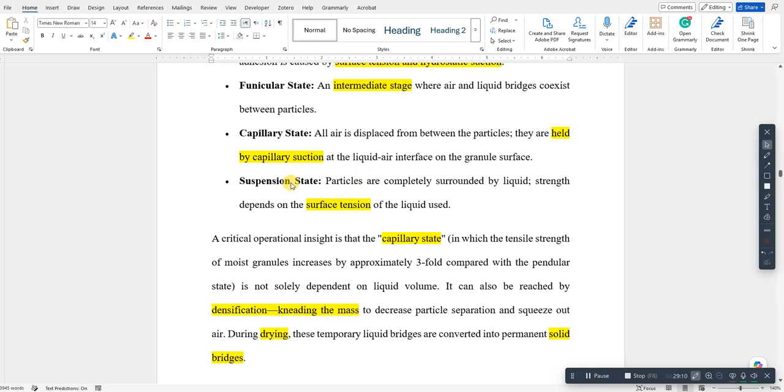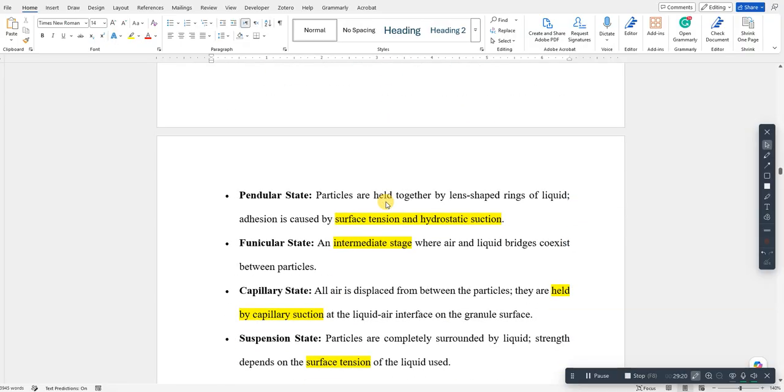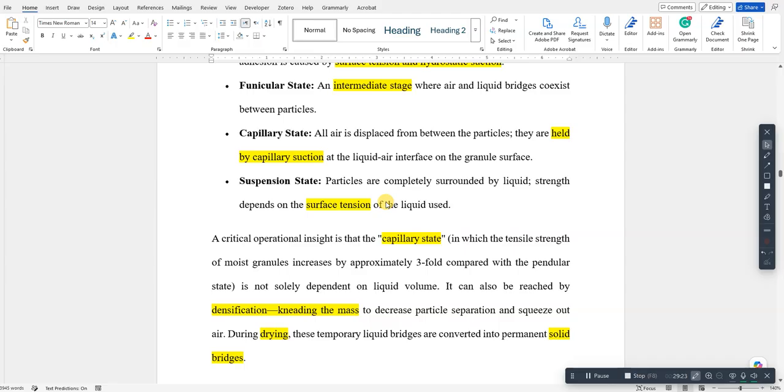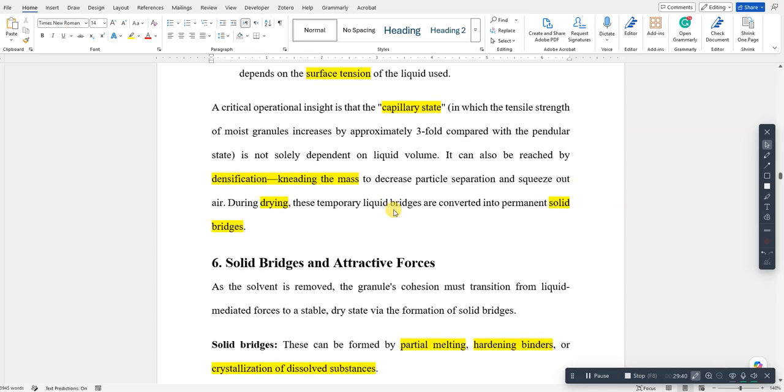Solid bridges are not only happening because the liquid dries, causing the solid bridge. Solid bridges can happen even in dry granulation. When you compress the powder together, you have some friction between the powder particles, and this friction causes heat, and this heat can cause partial melting, even in dry granulation.